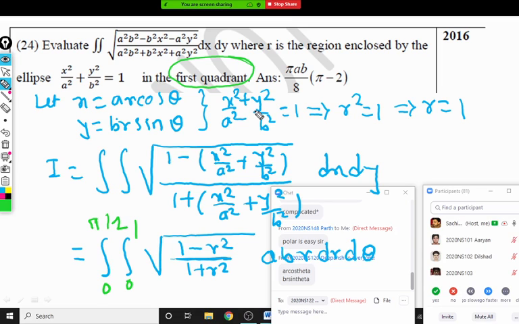So the best transformation, I will say, I will take 1 plus r square equal to t square also. And then you will get the value of r dr also. Your choice, you can do any of the transformations. So let me proceed here.